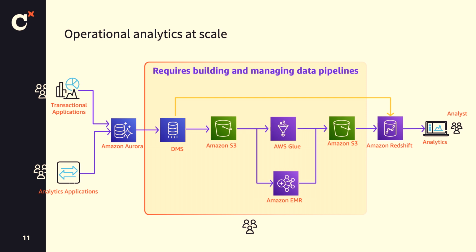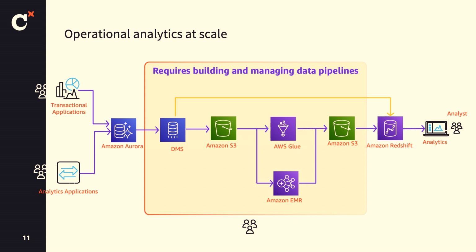So to accomplish that, prior to zero-ETL, customers would offload data from Aurora to S3 using a service like Database Migration Service, and then do some processing on the data, because in operational databases, data is in denormalized fashion, so you want to massage the data into analytics-friendly models.